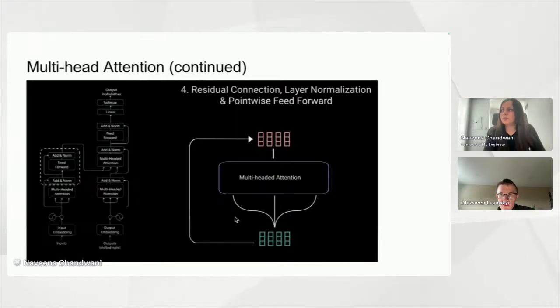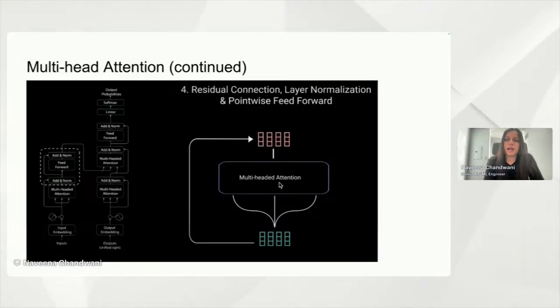Now moving on to this arrow that we see here, it's referred to as your residual connection. What we're doing here is the positionally encoded embeddings that were generated, we're passing them forward by a separate path, so that they do not get diminished as they pass through this layer.